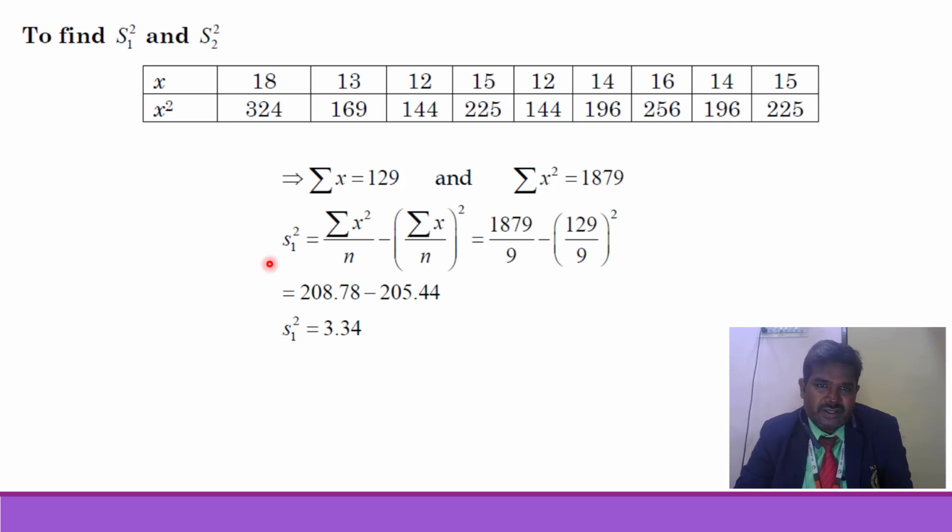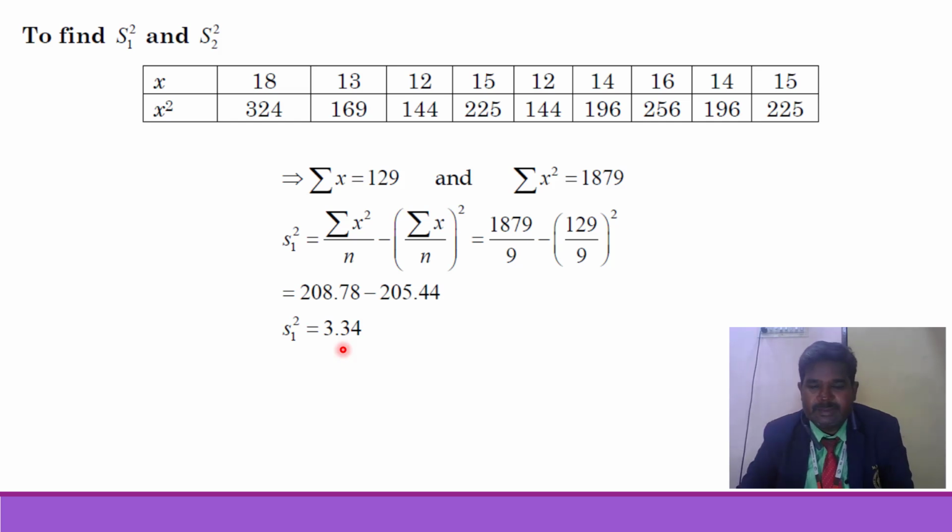So from this we can calculate the variance S1 square by using the formula summation x square by n minus summation x by n whole square. So it is 1879 divided by 9 minus 129 by 9 whole square. If we simplify this, we get 3.34.